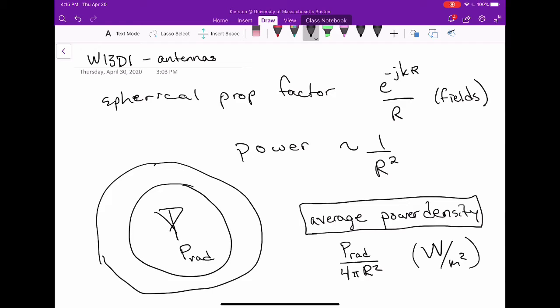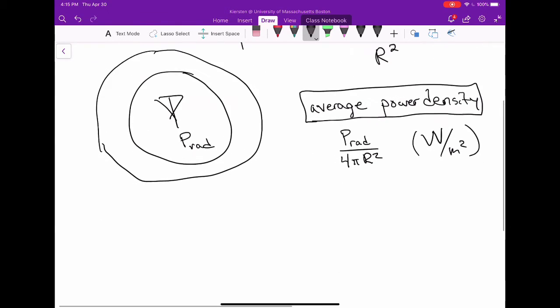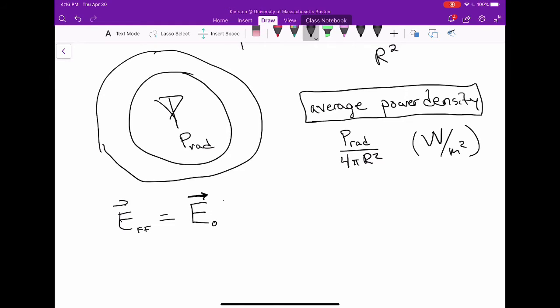The interesting thing about antennas is how is that power density concentrated in some areas as opposed to others? And we sort of touched on that when we said that the electric field from any finite size source that obeys these antenna rules in the far field, so I'm going to give it a little FF subscript there, can be broken down into two parts where we have some electric field vector that is a function of only angle.